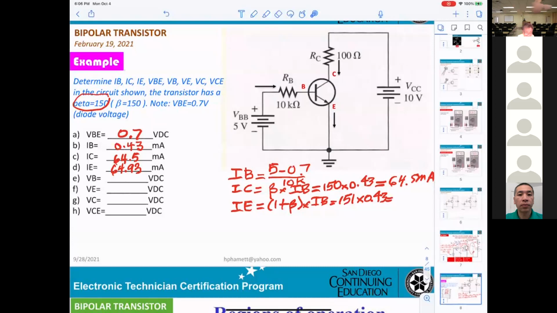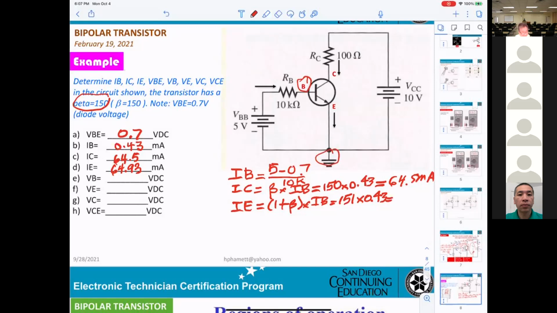And now tell me what VB equals. Should just be IB times RB. VB. Now, what is VB? VB means the voltage from the base to the ground.